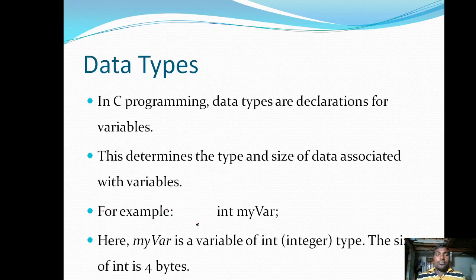Okay, now let us discuss the data types. Generally, the data type specifies the type of data which we are going to handle. In C programming, the data types are declarations for variables. Whenever we are trying to declare a variable, that can be done with the help of these data types.